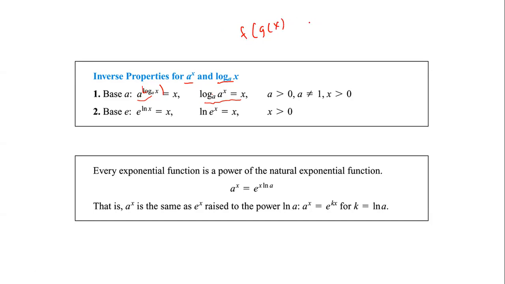So g of x here is what? G of x here is log to the base a of x, right? That's g of x. And then f of x, we said f of anything is equal to a to that thing, right?